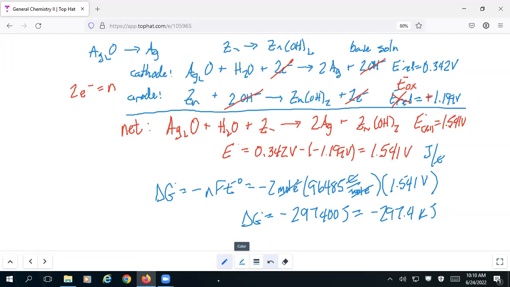So the real nice thing about this interplay relationship between G and E and K is that once we know one of the values, it's really not that difficult to figure out the others if we have the balanced chemical equation at our disposal, if we know how many electrons are moving. If we don't, then we need to figure that piece out to calculate the others.